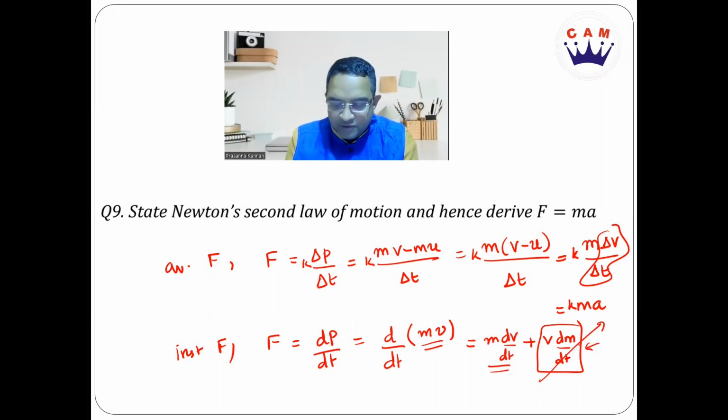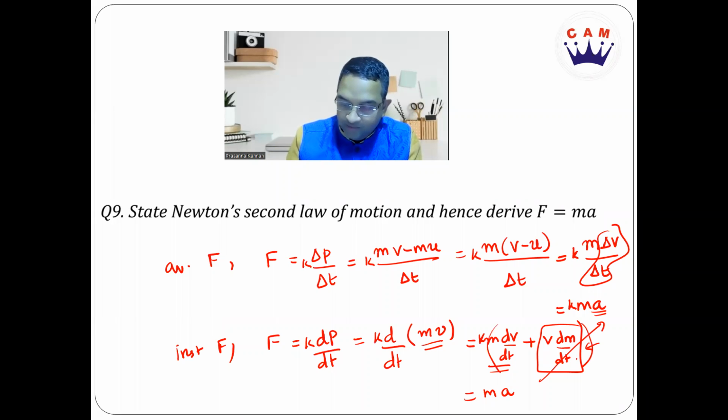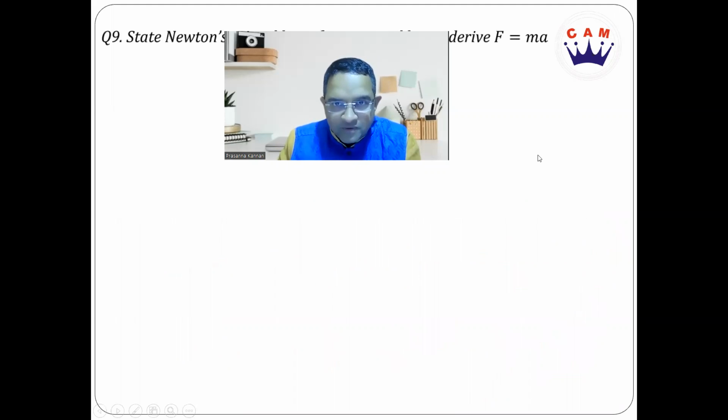Then this becomes m into dv by dt, and dv by dt is nothing but instantaneous acceleration. Here delta v by delta t is actually average acceleration. And there is a k here, and the k value is 1. So you could have done either of them, you would have been awarded marks.